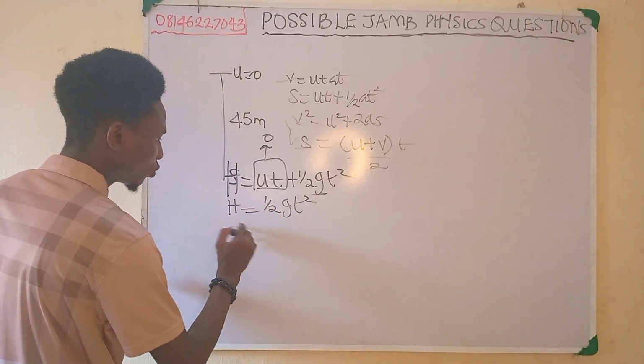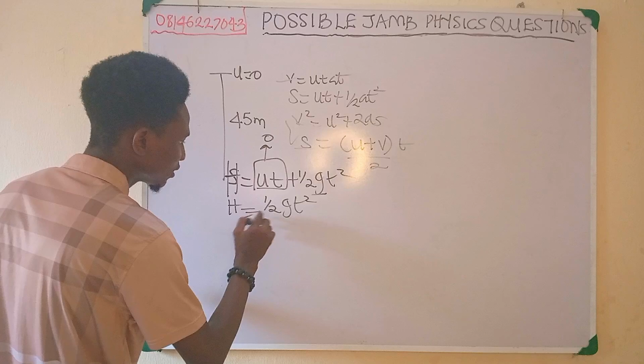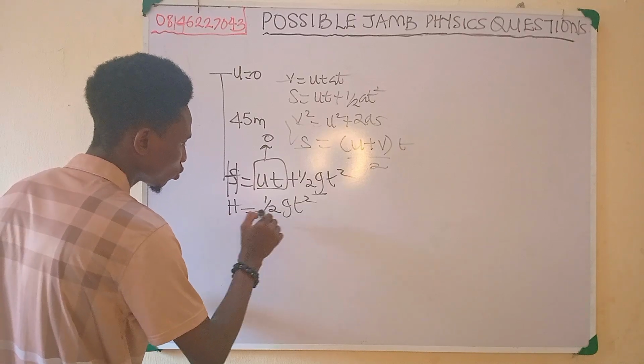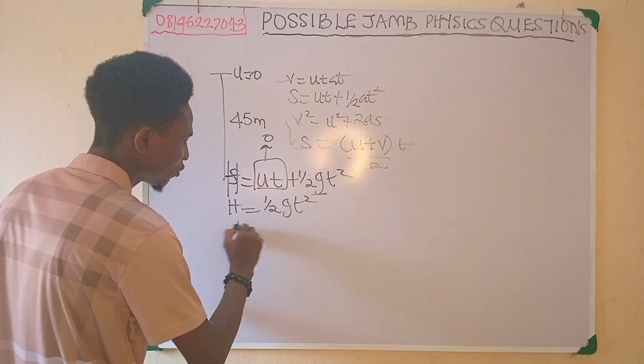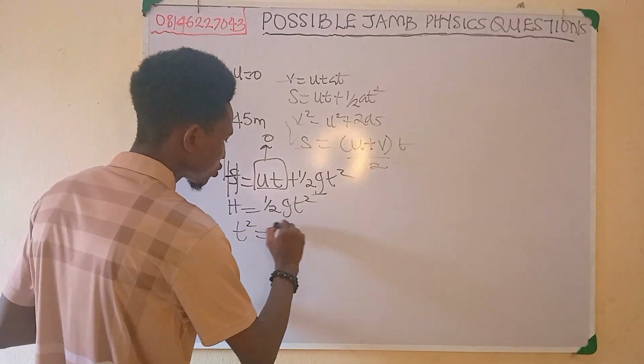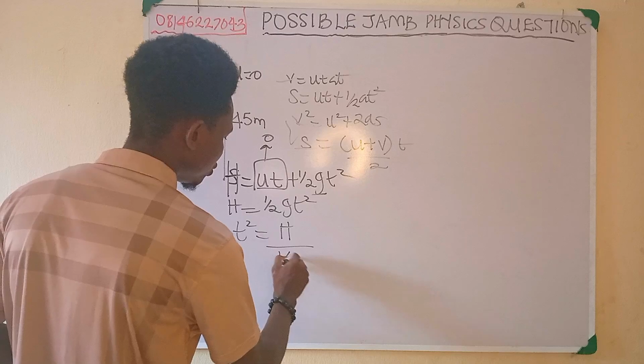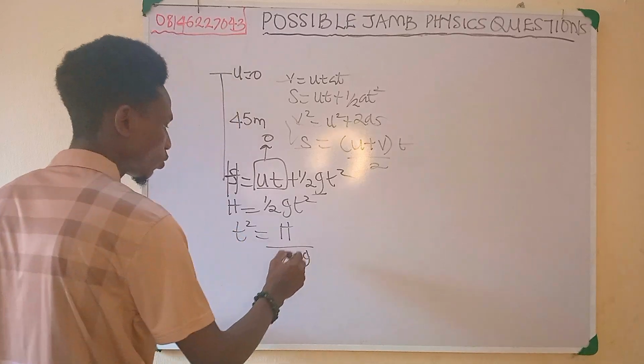Now to look for time, what do you do? So we can simply say this is 1 over 2. If you bring 1 over 2 here, we're going to get t squared equals h over half g. So what do you get?